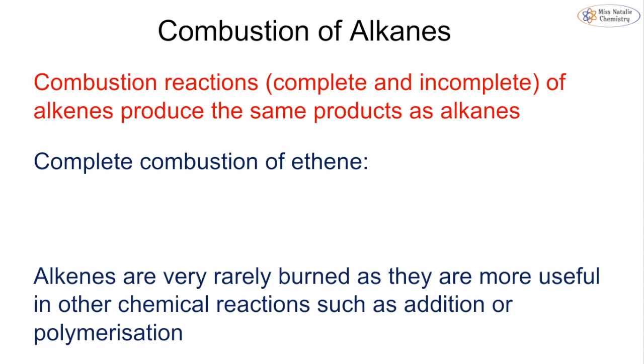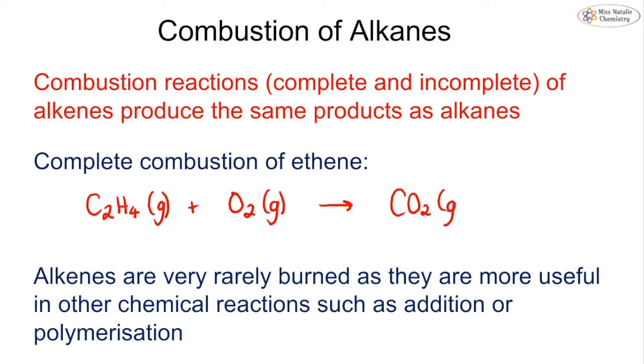We always want to look at the combustion of hydrocarbons, and whether it's an alkane or an alkene, it does not matter when it undergoes combustion. We are going to get the same products being formed, whether it is complete or incomplete. So if we have the complete combustion of ethene, for example, that's C2H4, which is a gas, and when we're combusting it, we react it with oxygen, and it is always going to make carbon dioxide and water.